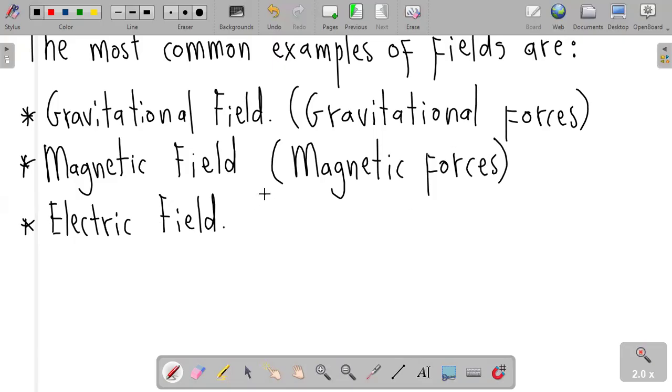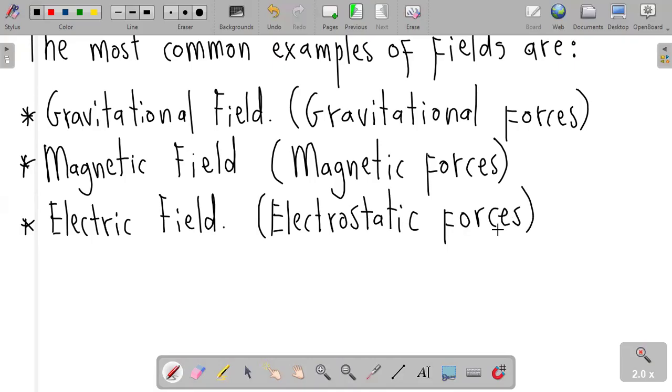And then the electric field produces electrostatic forces. Okay, let us not waste any time. Let's get into the first one, the gravitational field, which produces gravitational forces.